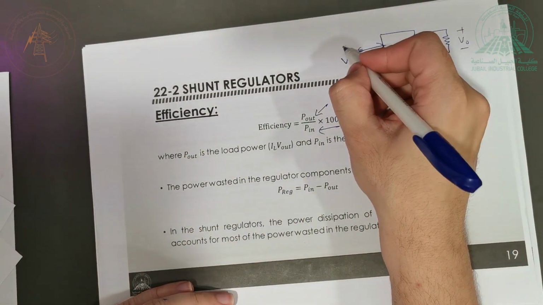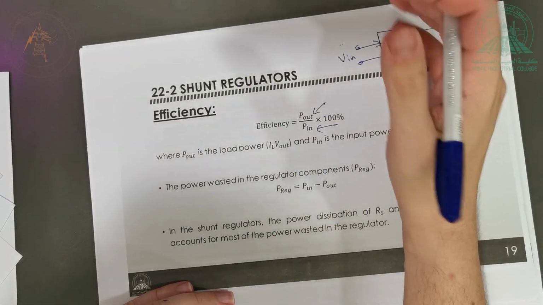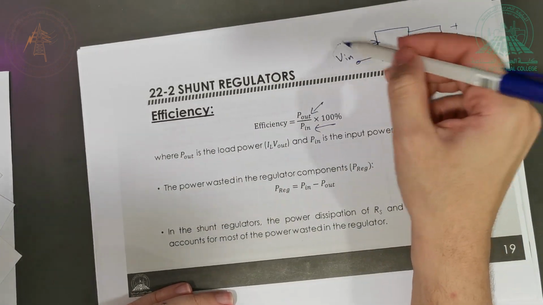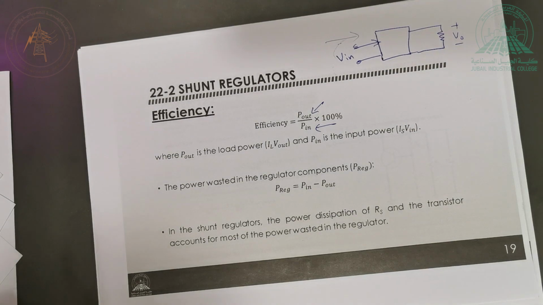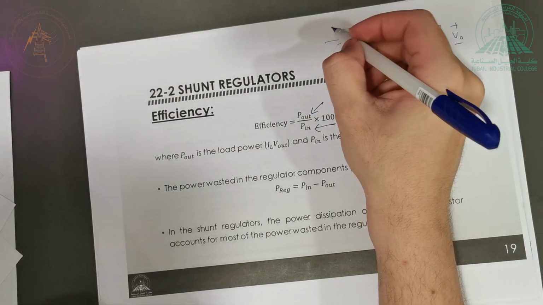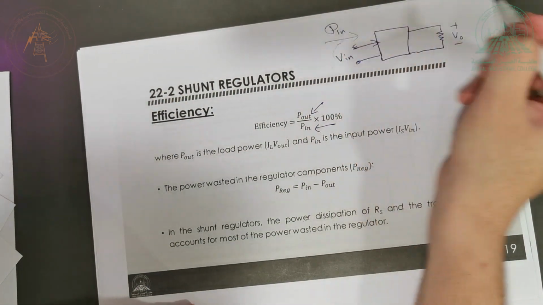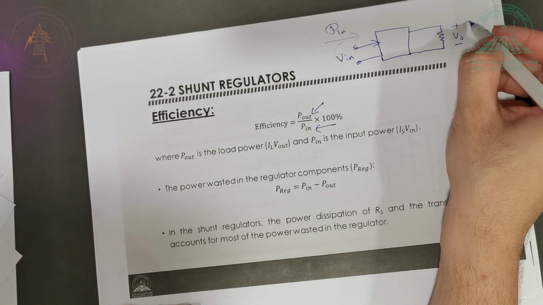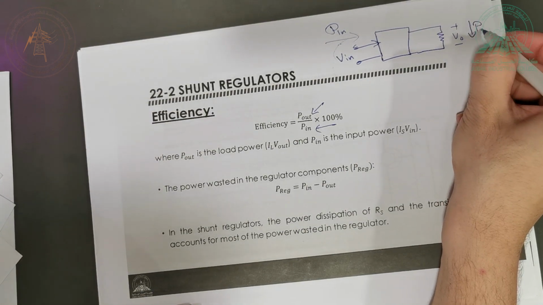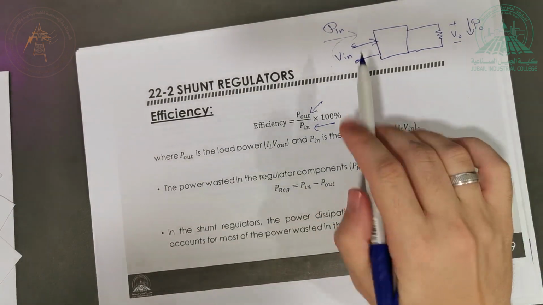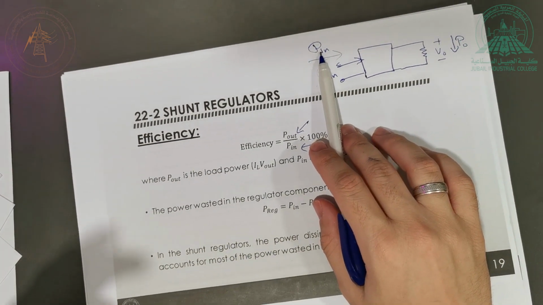This means that this power supply is absorbing this input power, and my load is getting some output power. Now this input power is going to be divided between two things.